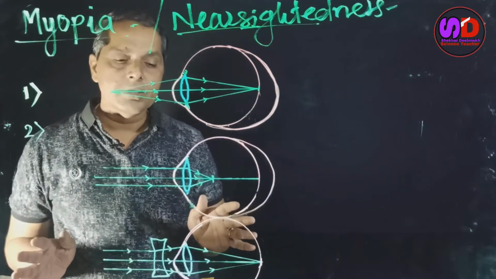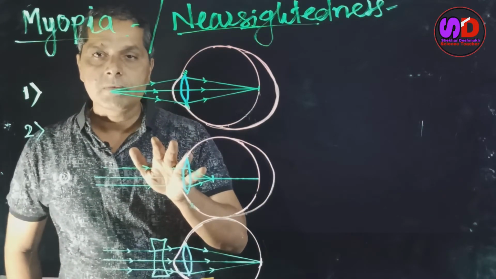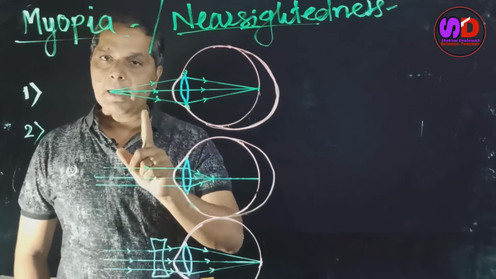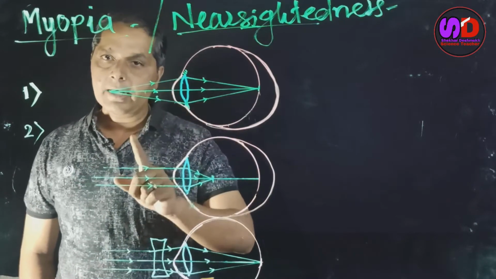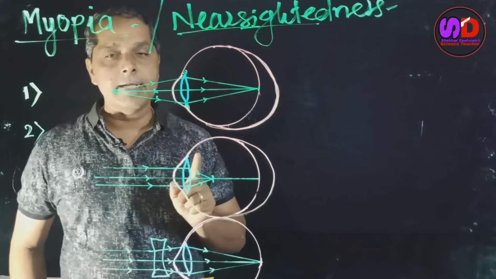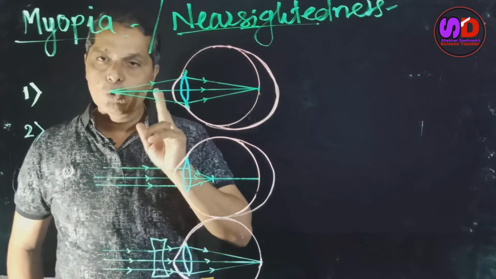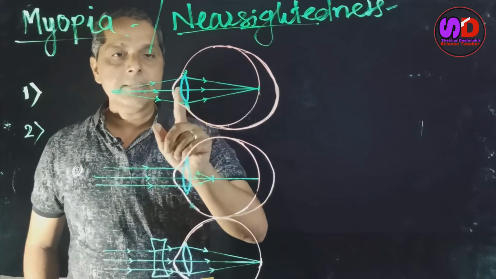So this is the complete 5-mark package. Definition: what is myopia? The person can see nearby objects clearly but is unable to see distant objects distinctly or clearly, that is called myopia. Two possible reasons for myopia, for 2 marks.